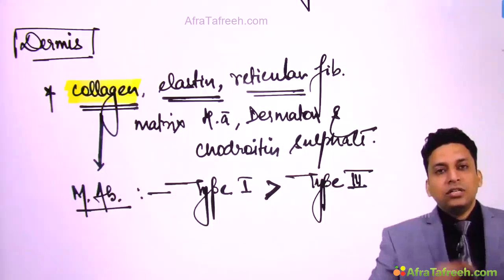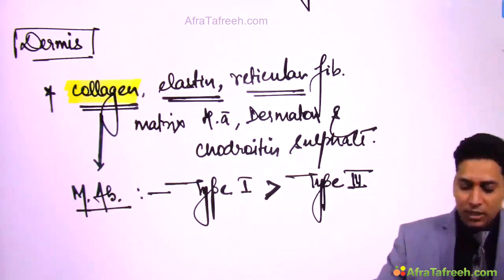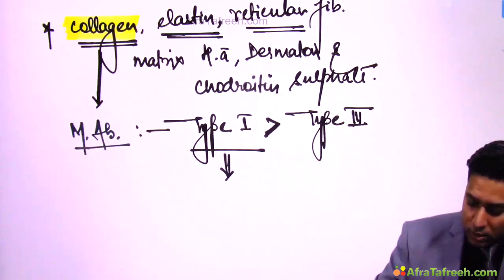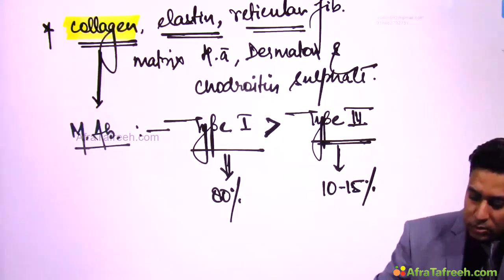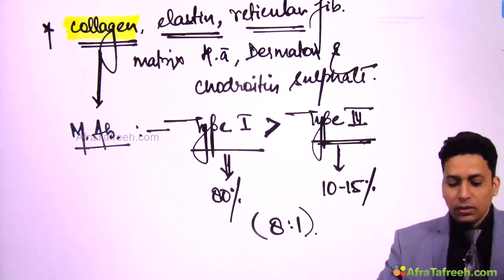Dermis has type 1 and type 3 collagen fibers. Type 1 is more abundant than type 3. This is around 80%, and this is around 10 to 15%. So their ratio can be as high as 8:1.